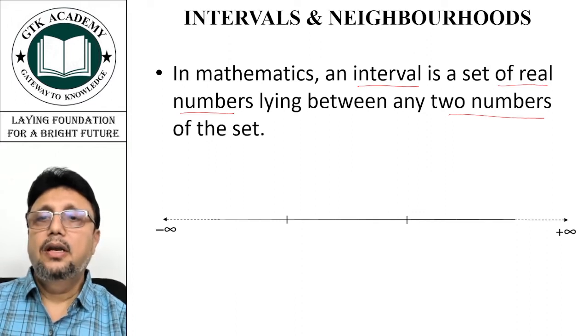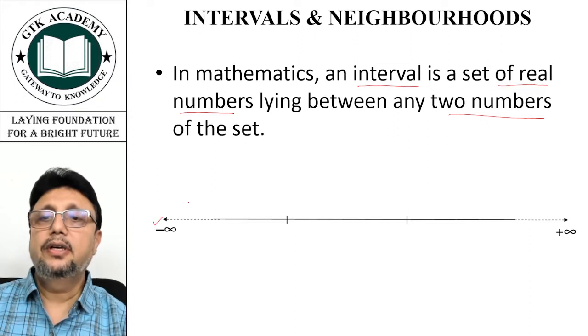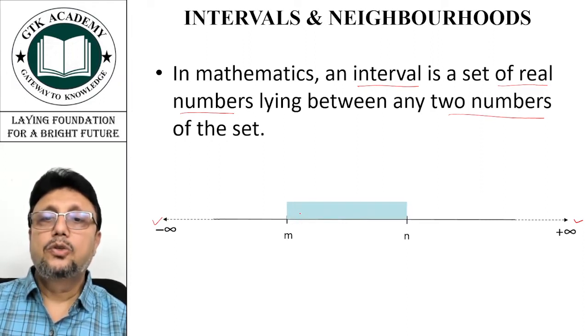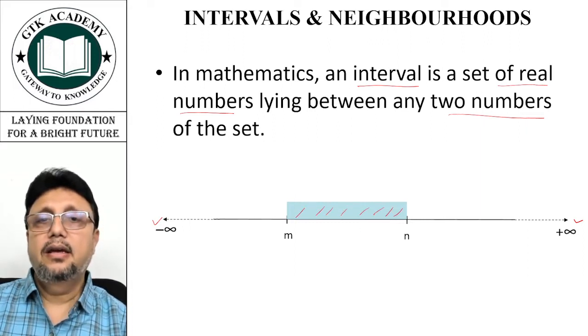For example, if I depict the real number set from minus infinity to plus infinity, and we have two real numbers m and n, then all real numbers lying between m and n is called the interval. So all numbers which are lying between these m and n, this set is called an interval.